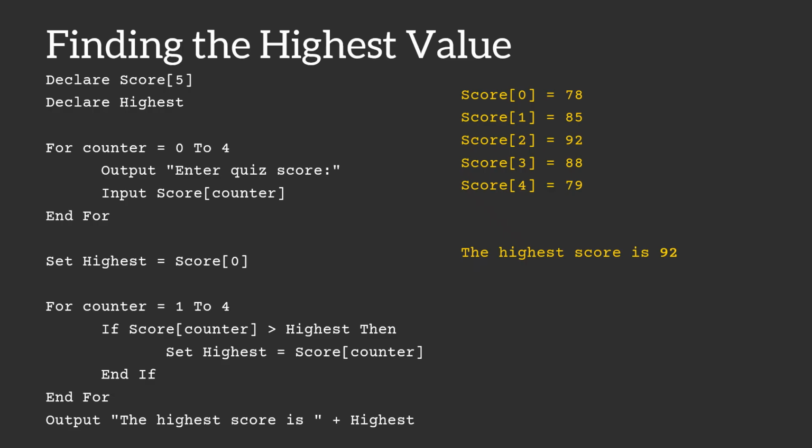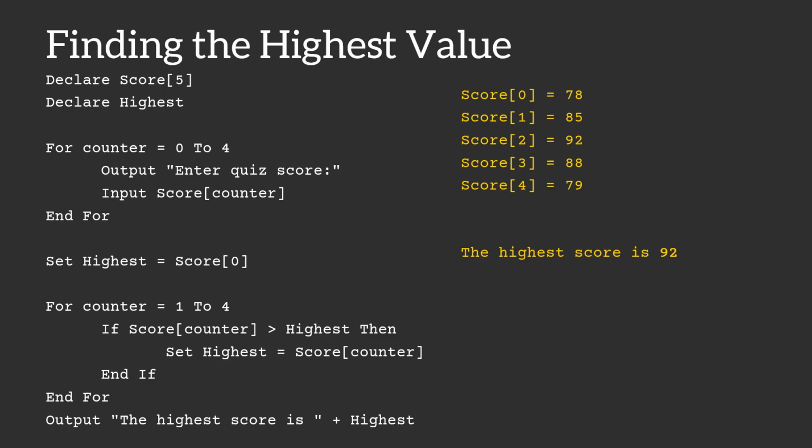And then starting the loop at 0 instead of 1. Some people will start it at 0 here instead of 1 in this comparison loop. And so what's going to happen is you're going to end up comparing the first element to itself unnecessarily, because we've already set the highest to that first value, so we don't need to compare it to itself.